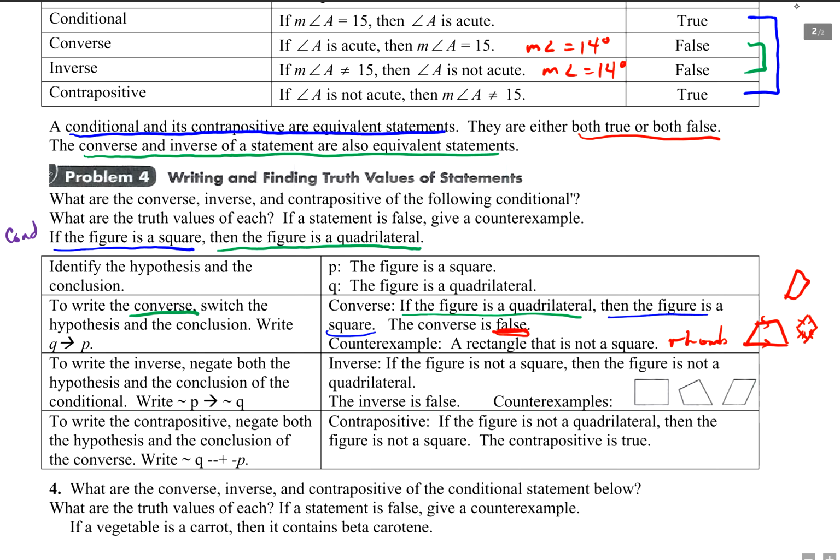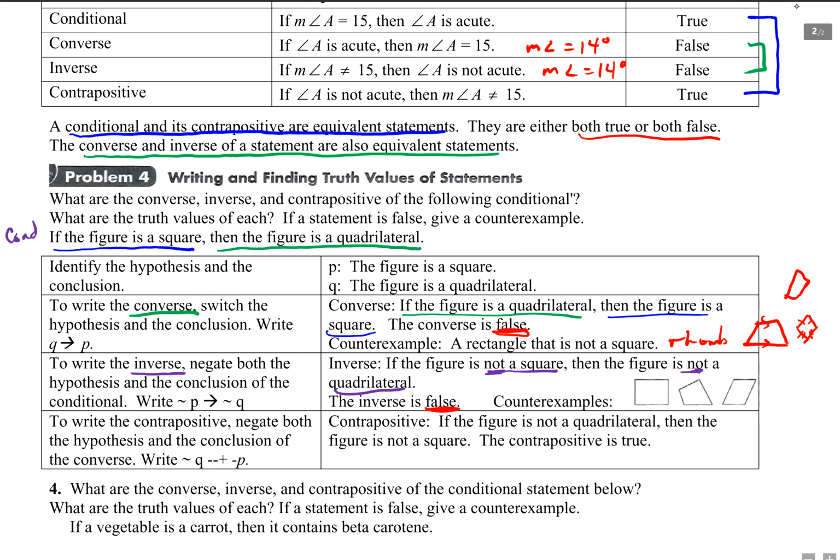Now let's write the inverse. The inverse negates both the hypothesis and the conclusion. So if our figure is not a square, then it is not a quadrilateral. We already proved this one false up above. And we expect this one to be false because our converse was false. Converse and inverse are equivalent statements.